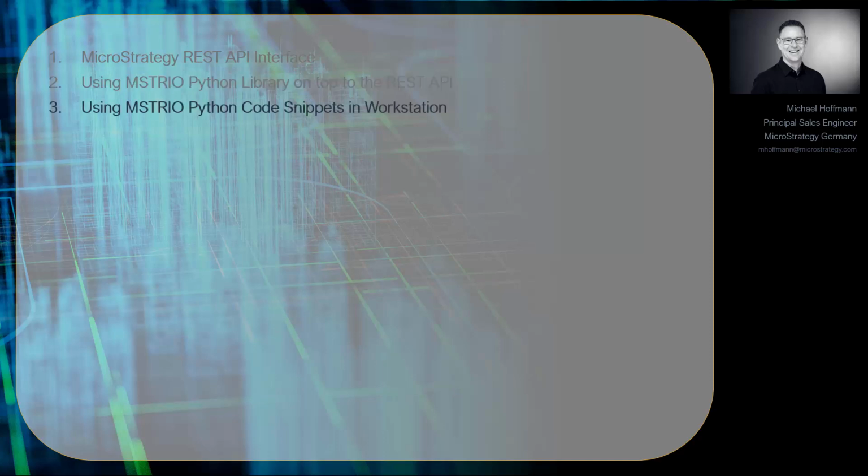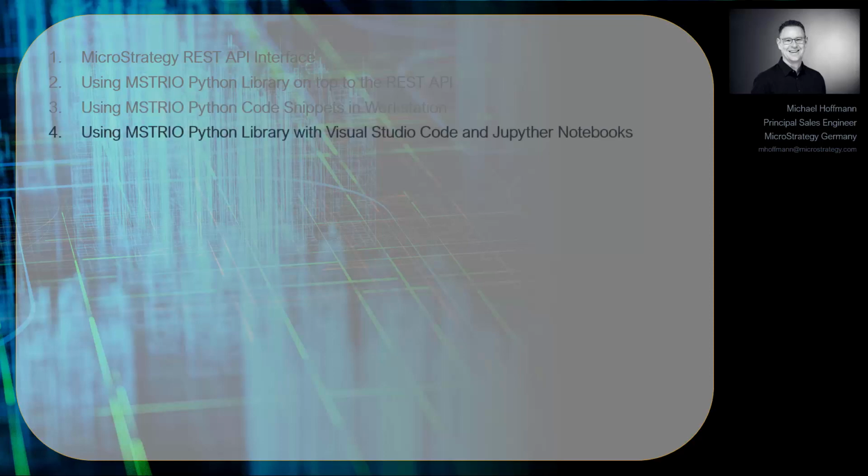Then I will show you how you can easily start with this library. Workstation has an integration of the MicroStrategy Python libraries, and there are several code snippets you can use to automate your tasks. This makes it very easy to learn these capabilities and to modify the code snippets for your own purposes. But then we will cover the main part of my presentation.